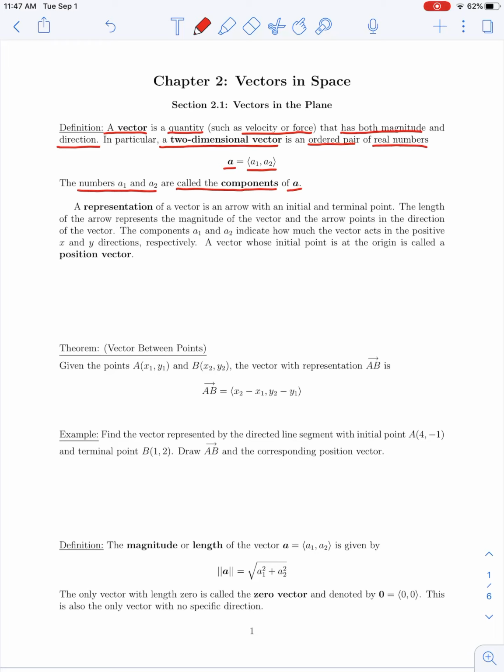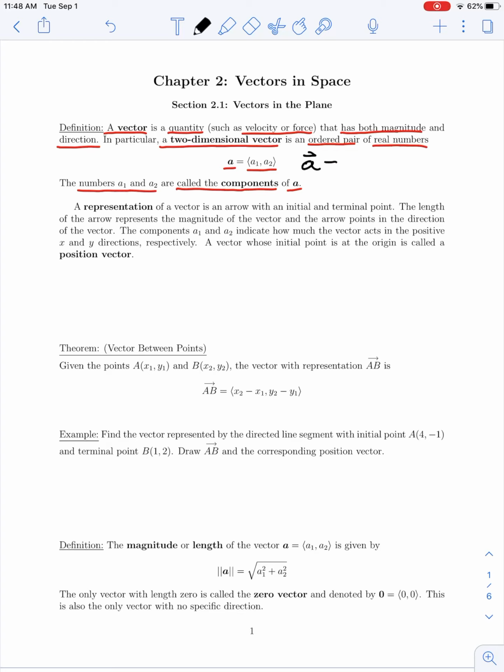Now, when we write a vector by hand, in the notes or in your textbook, you'll notice that all vectors are written using boldface. However, we can't really write in boldface by hand. So the notation that we'll use for vectors when we're writing them by hand would be to use a variable a, and then put a little arrow over it.